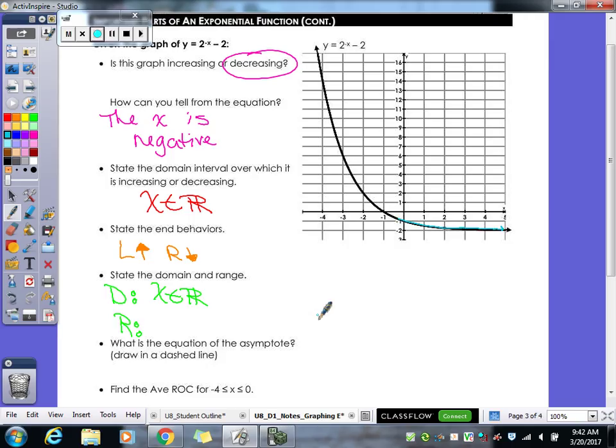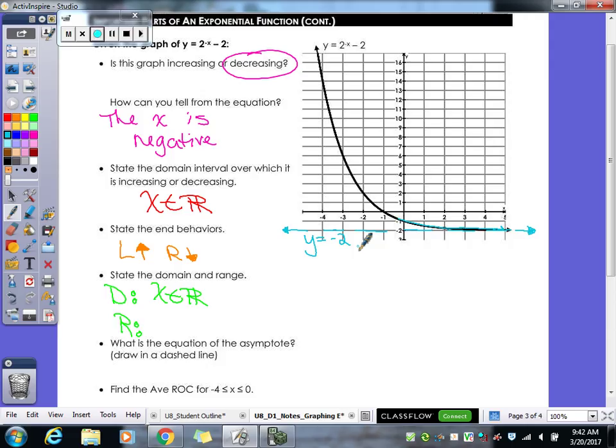What happens is right here at this -2, this is a special line that I talked about a little bit. This is your asymptote line. For this graph, it's the line y equals -2. Our first graph didn't have it because we had a set domain, so there was no asymptote.